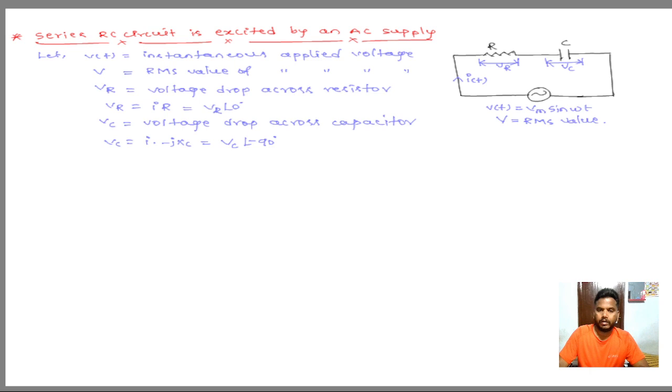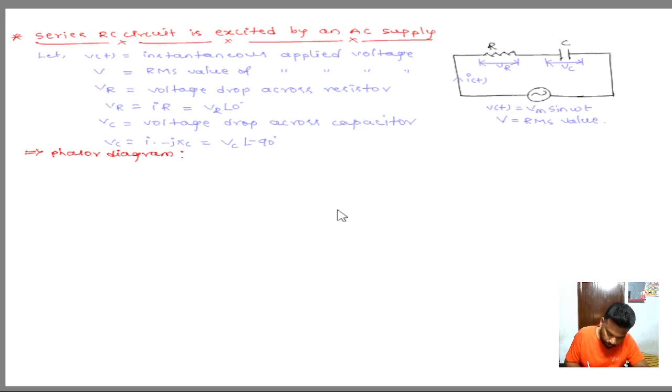Next, as we discussed in the previous lecture, first we draw the phasor diagram and the voltage triangle. First we draw the phasor diagram.